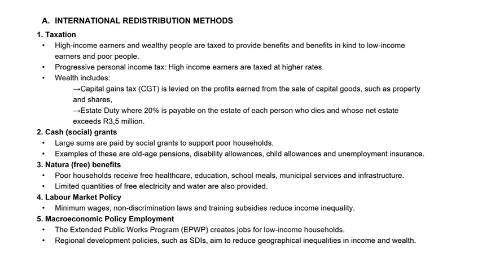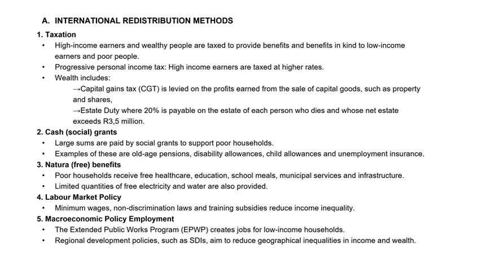Wealth taxes include capital gains tax, which is levied on the profits earned from the sale of capital goods, such as property and shares. And then you have estate duties, where 20% is payable on the estate of each person who dies and whose net estate exceeds 3.5 million rand.